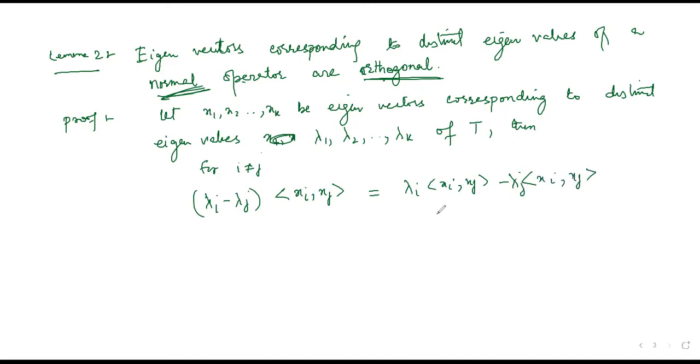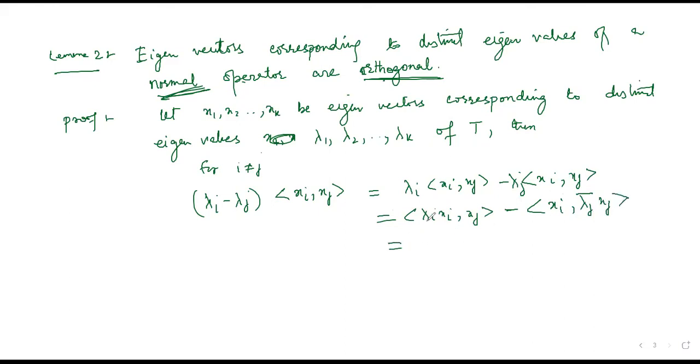That can be written as lambda i xi comma xj, but I can write here minus xi comma lambda j bar xj.